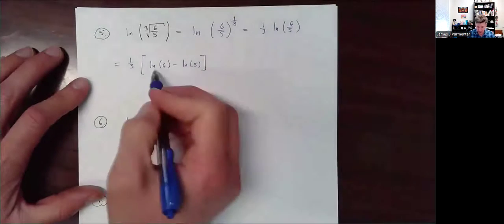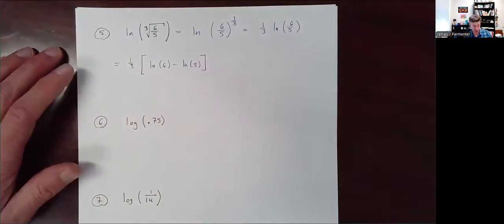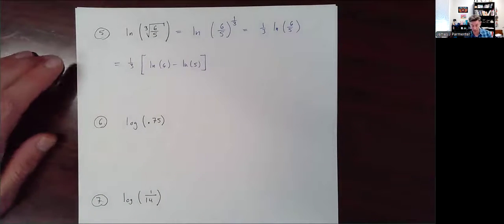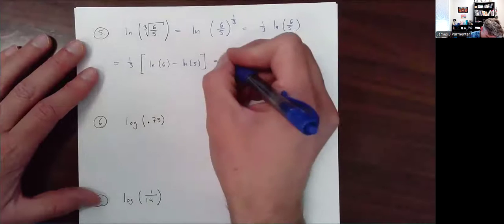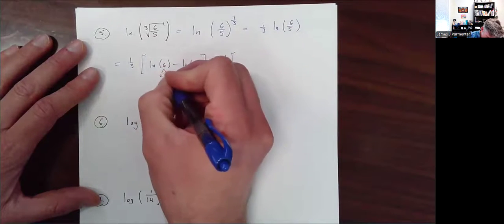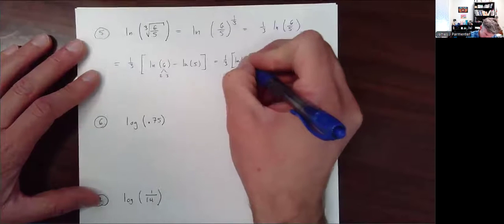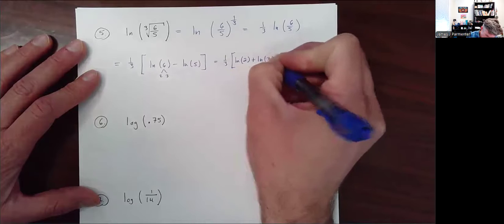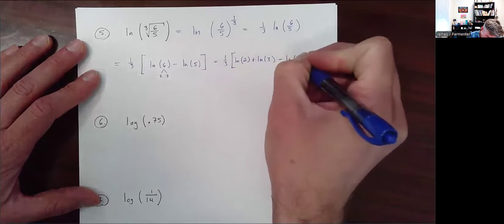So whatever I get in here, I'm going to eventually multiply it by 1/3 or divide by 3. I don't have a natural log of 6, but I do have a natural log of 2 and a natural log of 3. So this is going to be equal to 1/3 times, 6 is 2 times 3, so I have the natural log of 2 times 3, or the natural log of 2, plus the natural log of 3, minus the natural log of 5.